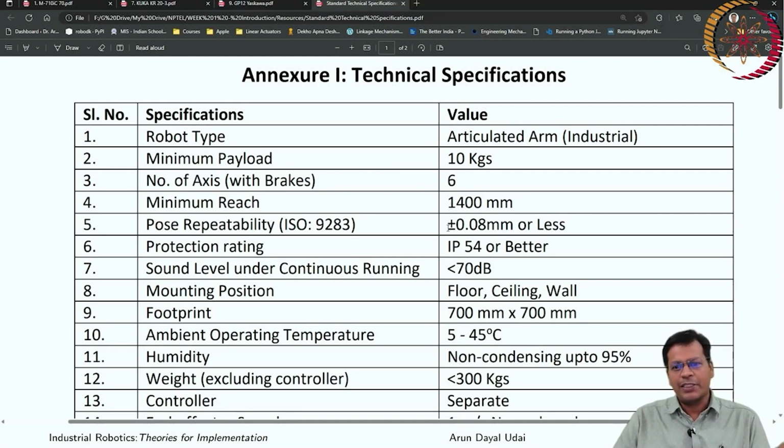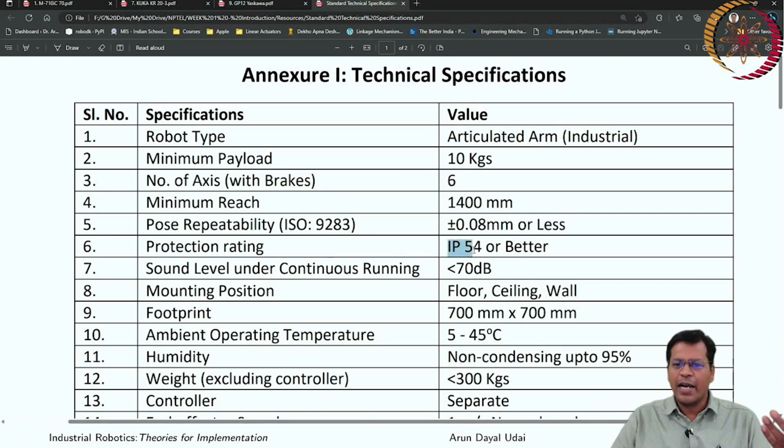Okay, so pose repeatability of 0.08 mm or less is quite good enough. Sometimes more is better, like for payload. Not always true, but yes, at least for payload, more is better. For precision, repeatability, less is better. Okay, but obviously they will take a toll on the cost also.